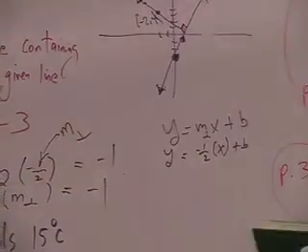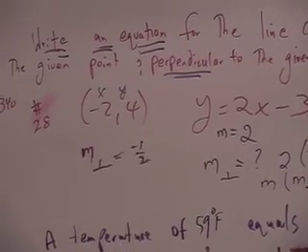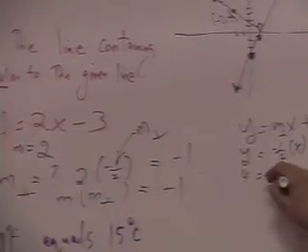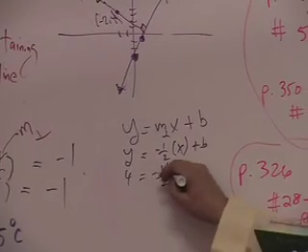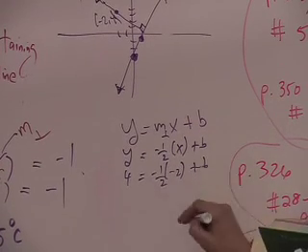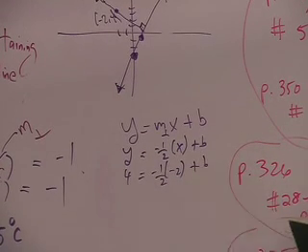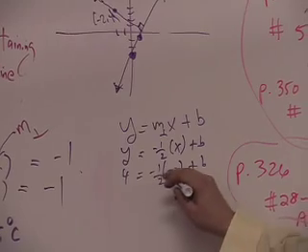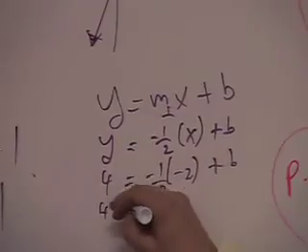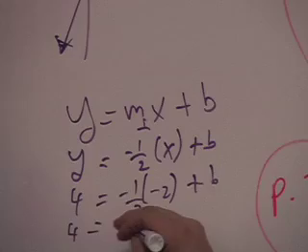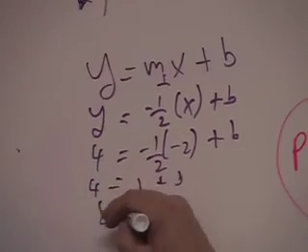Exactly. We know that negative 2, 4 is on there, so we can put that in. We get 4 equals negative 1/2 times negative 2 plus b. Then we do our mathematical stuff and solve for b. 4 equals 1 plus b, and b equals 3.